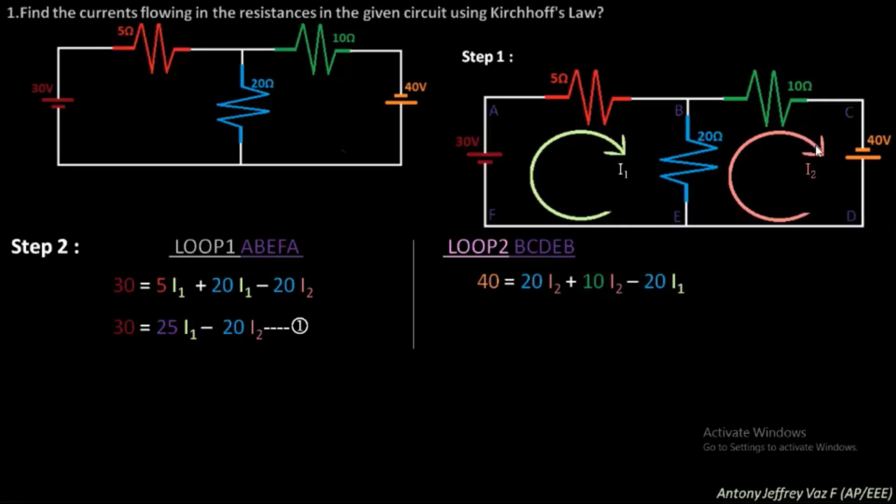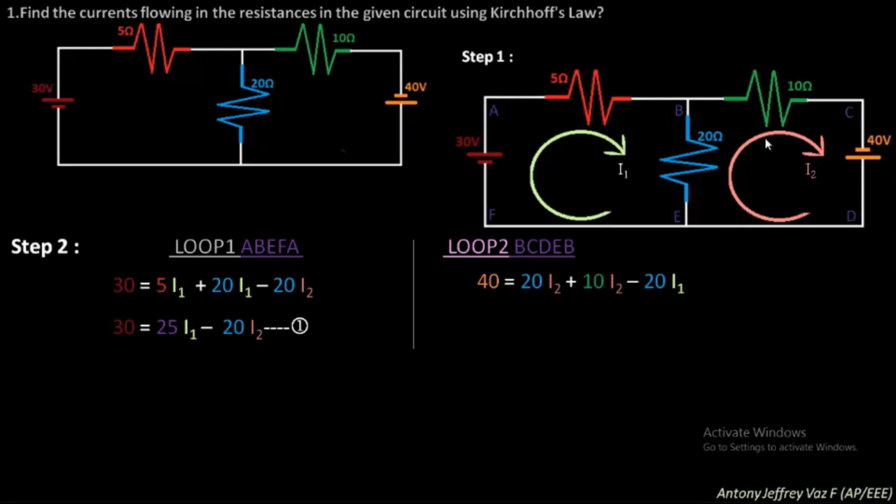You need to check the direction of the current flowing through the battery. First, you find the current is flowing from the negative terminal of the battery towards the positive terminal. So we will be getting plus 40 volt. Similarly, here also it is plus 30 volt. Why? Because the current is flowing from the negative terminal of the battery towards the positive terminal, as I1 current is in this direction.